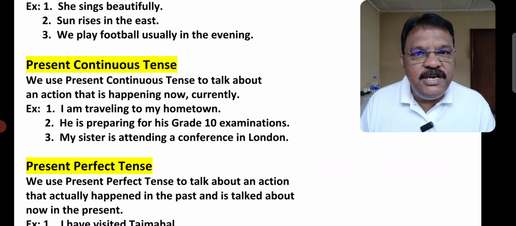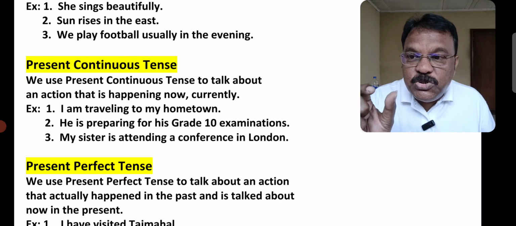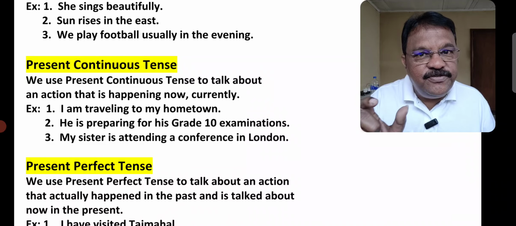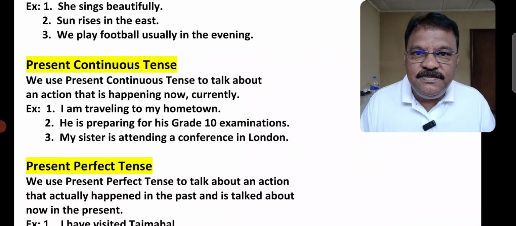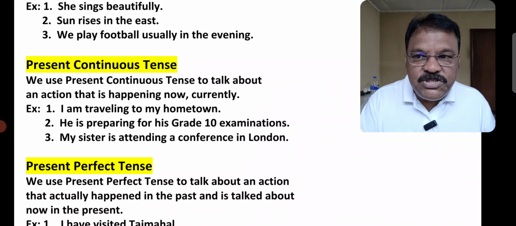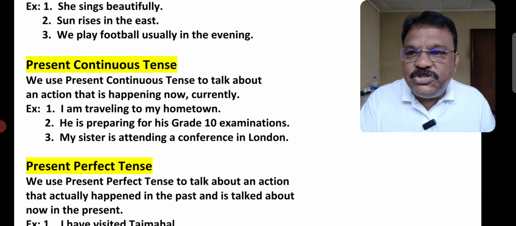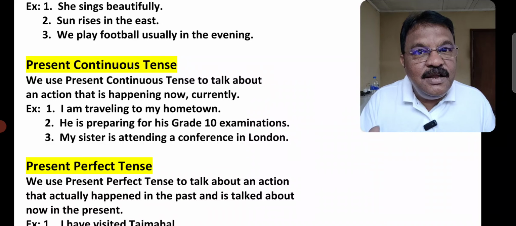It's only for now she is attending a conference. So we use the present continuous tense to talk about the action of attending. My sister is attending a conference in London.